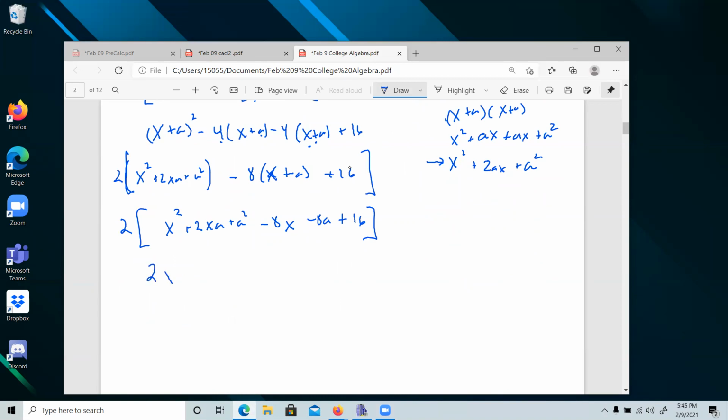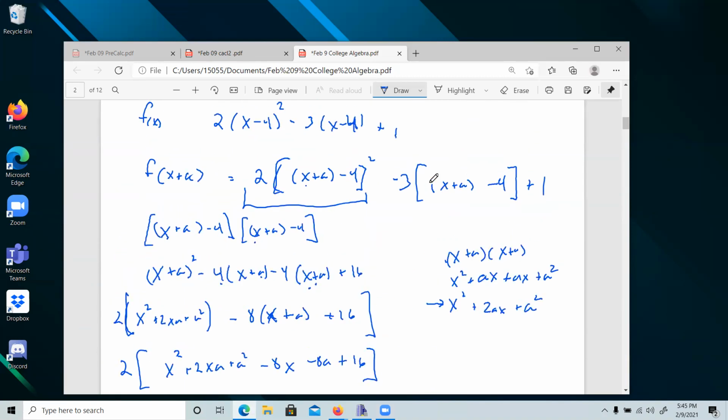We have 2x squared plus 4xa plus 2a squared minus 16x minus 16a plus 32. And is there anything I can combine? Not a chance. Okay. So how awful. Okay.